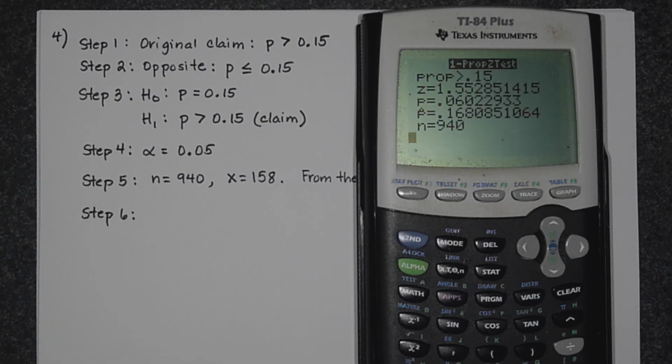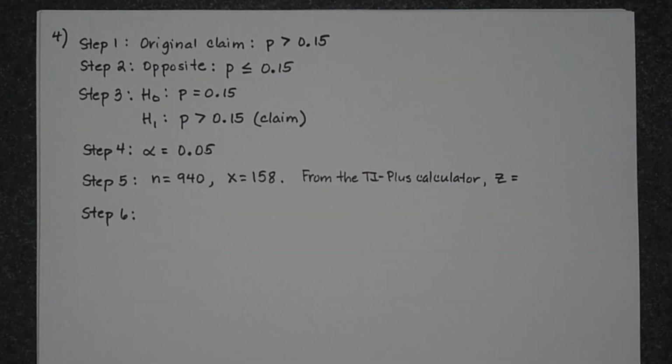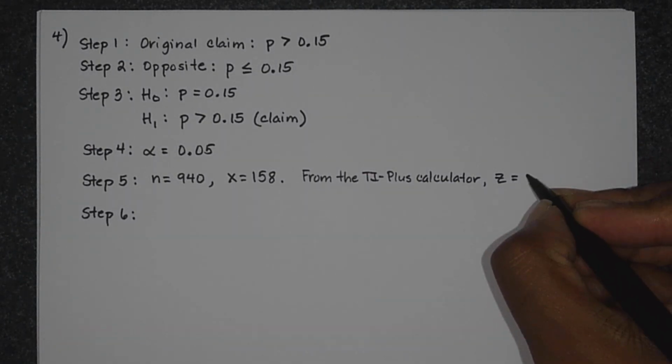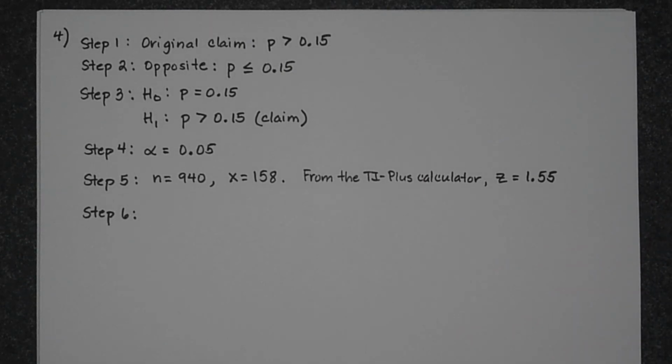Now our Z value to 2 decimal places will be how much? 1.55, because the 2 remains. So our critical Z value or our test statistic is going to be 1.55.